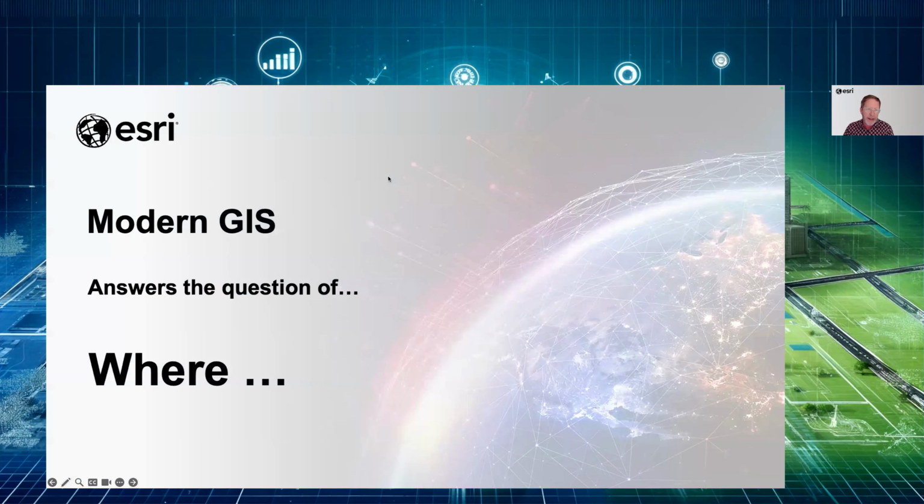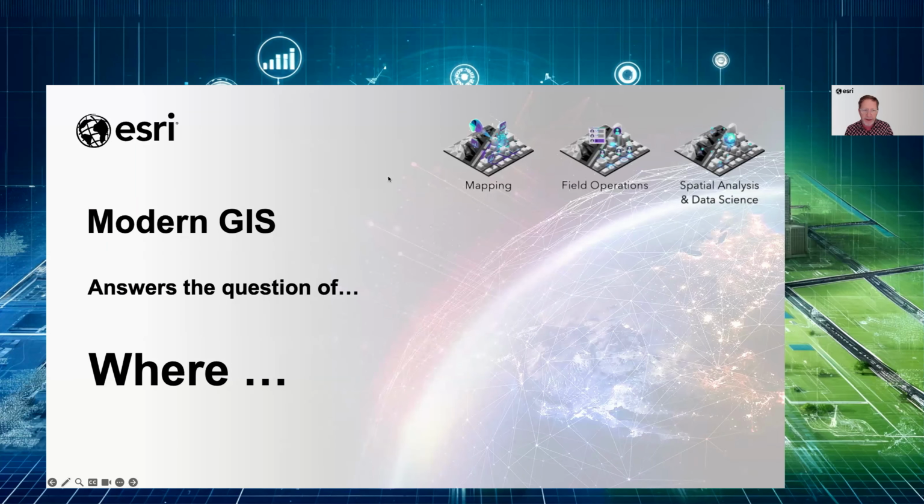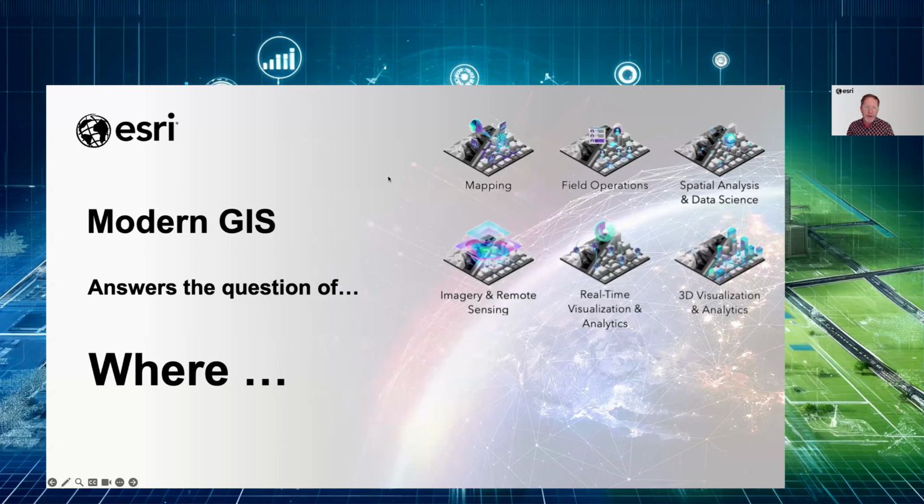visually. GIS is more than just the mapping that might come to mind. It supports field operations. It's a platform for spatial analysis and the data sciences that have become so important in today's world. It's a means of describing context through imagery and remote sensing, giving real-time feedback and conditions of various infrastructure environments.